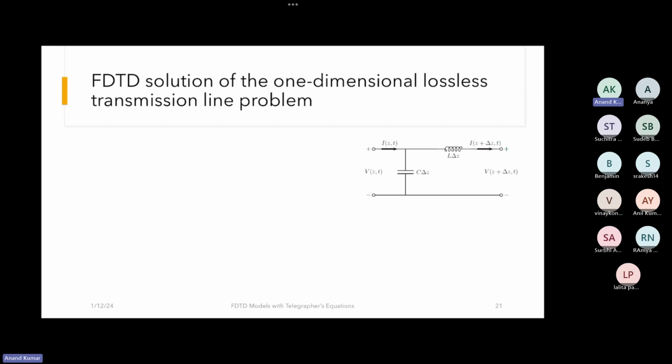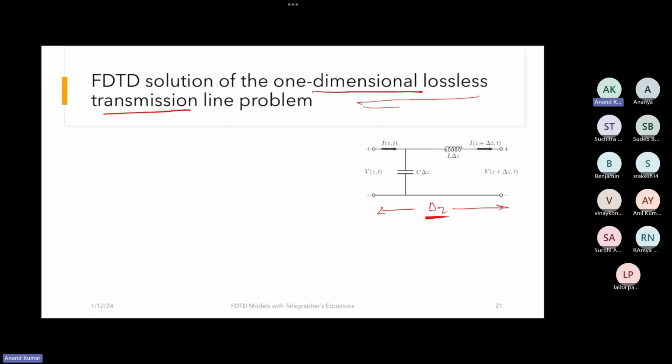So this is the FDTD solution of one-dimensional lossless transmission line. So in the first class, we had seen the unit cell for the transmission line for a delta z region. So this particular delta z is a discretization of a long transmission line.